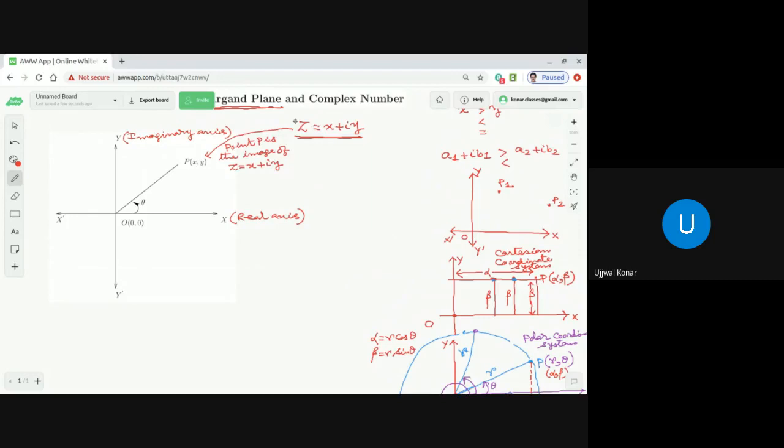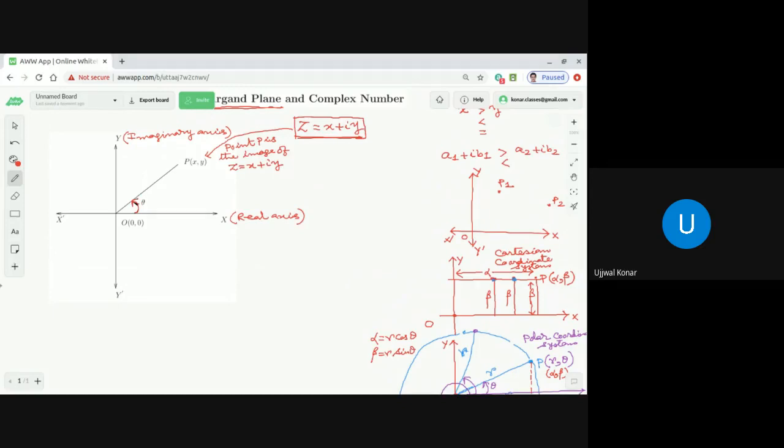As you see, z equal to x plus iy is an algebraic form, and that algebraic form is actually represented by a point P(x, y). Now how to represent this thing in the Argand plane? So there are 2 quantities, r and theta, as you see, dear students. Now this angle what you see here, anti-clockwise angle, is always measured as the positive angle.